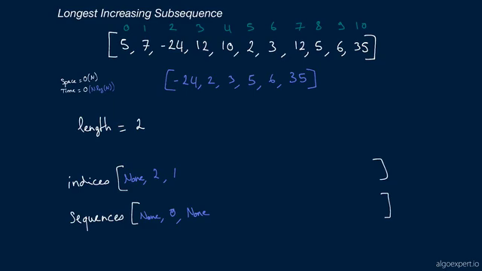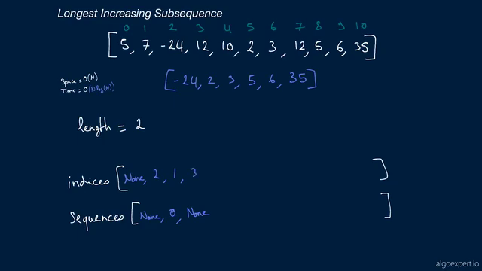Now we've got 12, 7, and 20. We're looking at 7, which is stored at index 1, and negative 24, which is stored at index 2. 7 is greater than minus 24, so 7 is the greatest number that's less than 12, and that ends an increasing subsequence. So 12 can come after 7, right? So we can put here the index where 12 is at, which is 3, okay?